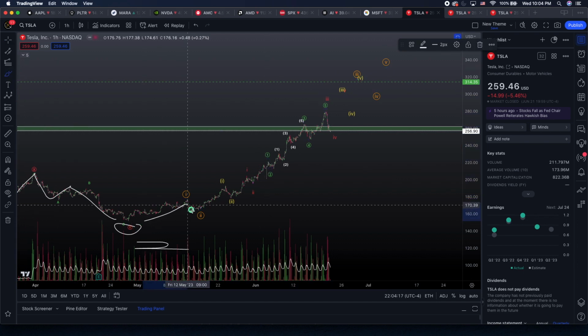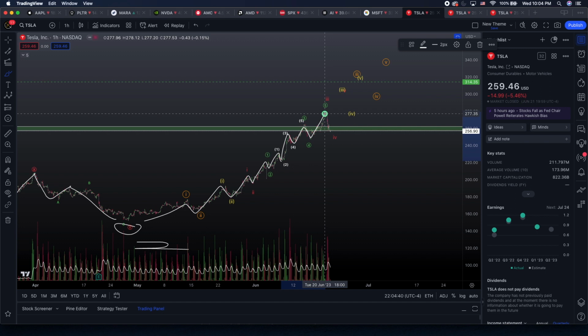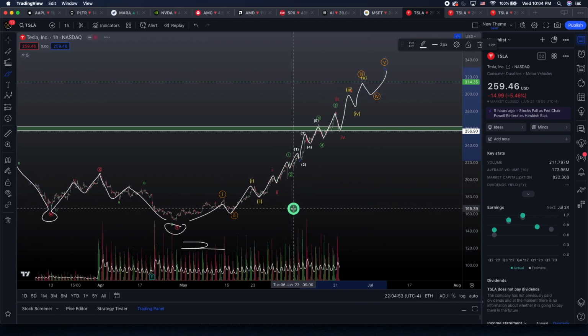So we have a 1, 2 minute, 1, 2 minuet, 1, 2 sub minuet, 1, 2 micro, 1, 2 sub micro, 3, 4, 5, and then 3, 4 of the sub micro, 5, 3, 4 of the sub minuet, and then we should get 3, 4 of the minuet, and then 3, 4, 5 of the minute.